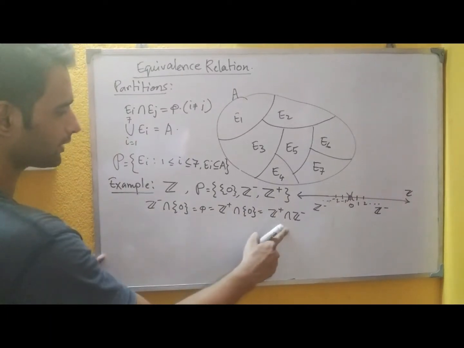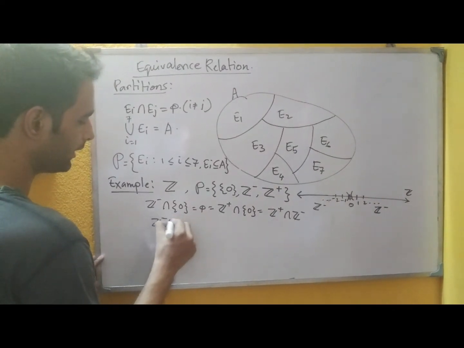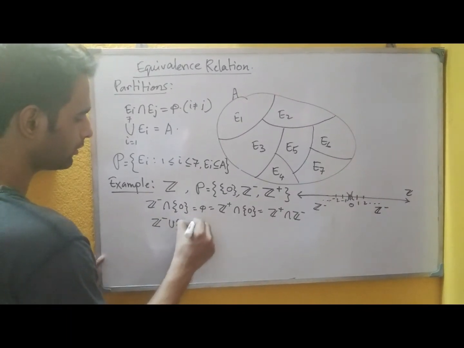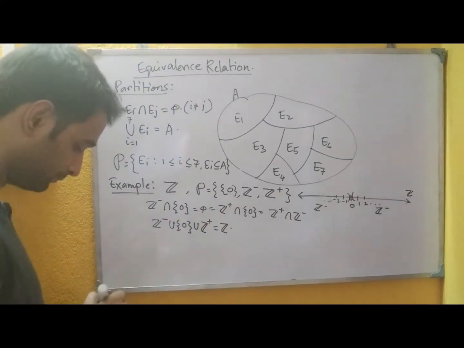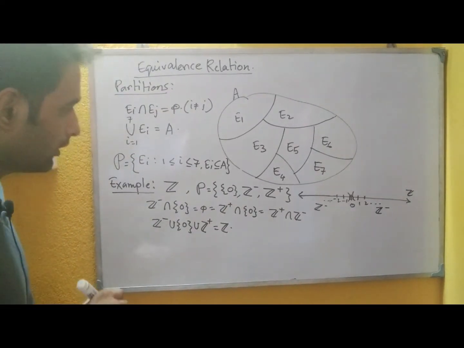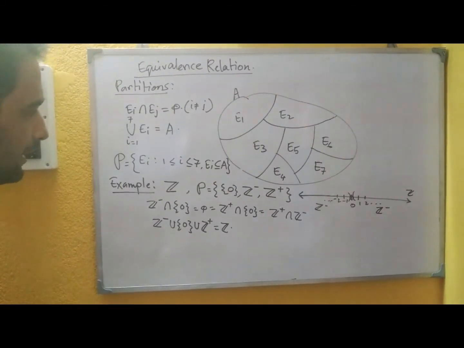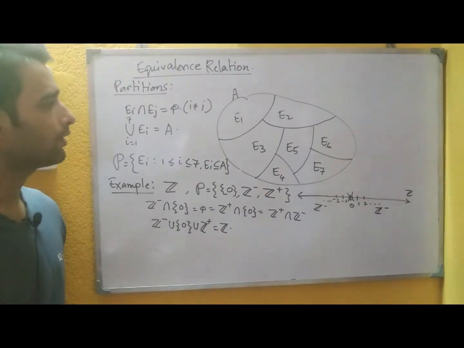All these collections are fine, and also if you take the union Z minus union {0} union Z plus, this will give you Z. So this is an example for partitions, and it is a partition on Z. In a similar manner, we can define partitions on various sets.